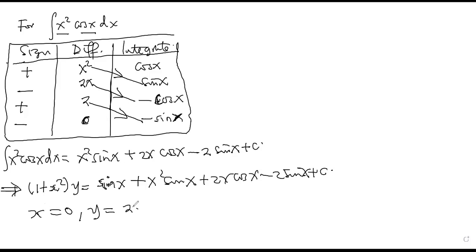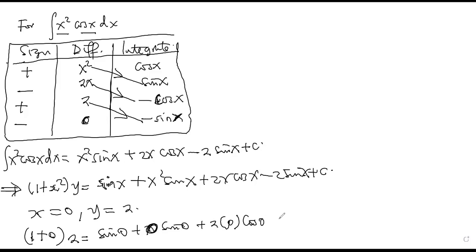If we substitute for this, we shall have (1 plus 0) times y, which is 2, equal to sin 0 plus x squared, which is 0, times sin 0, plus 2 times 0 times cos 0, minus 2 sin 0, plus a constant.